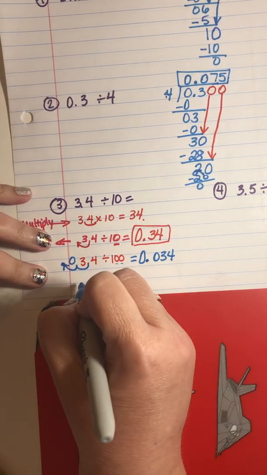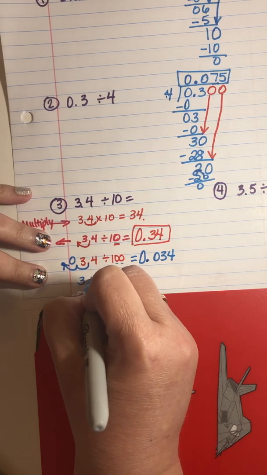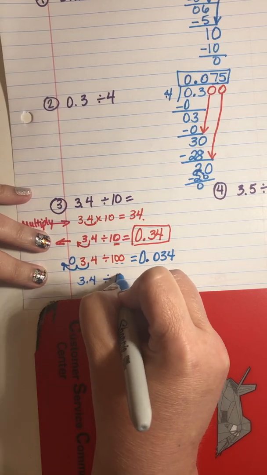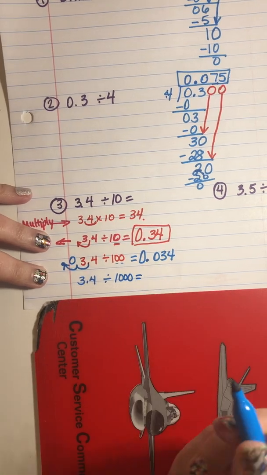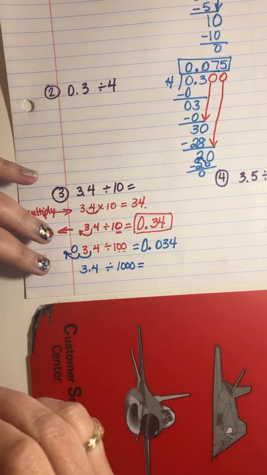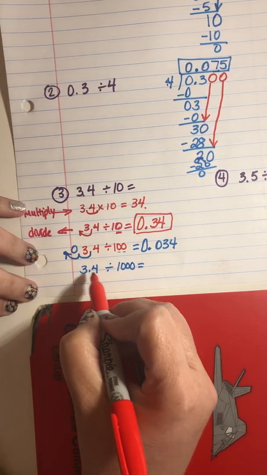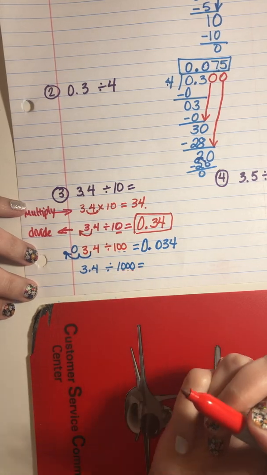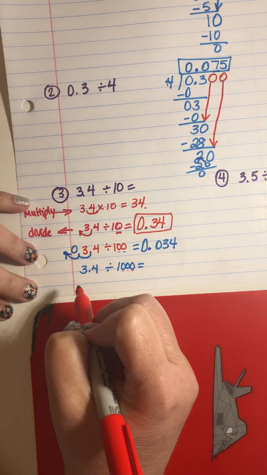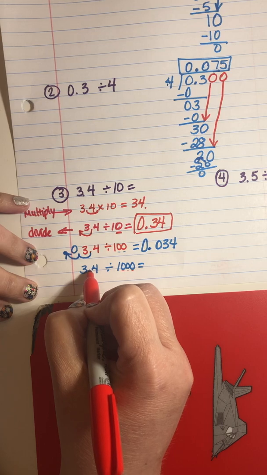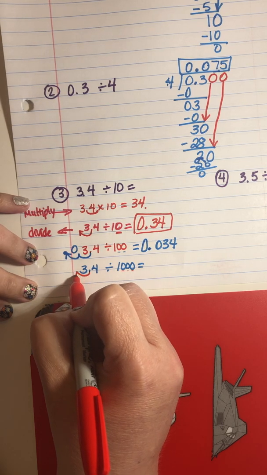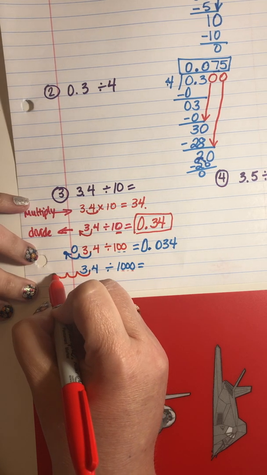Let's keep going and do 3.4 divided by 1,000 and see what that would be. So my decimal point's right here. I have 1 2 3 zeros, so I'm going to move my decimal point 3 places to the left. 1 2 3.